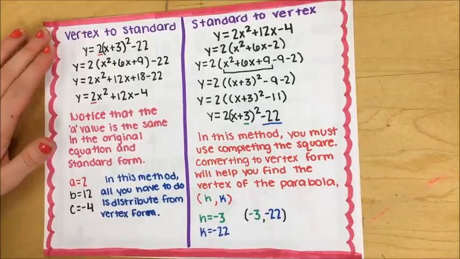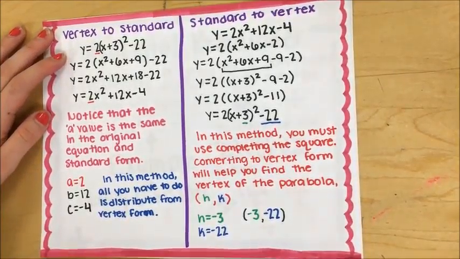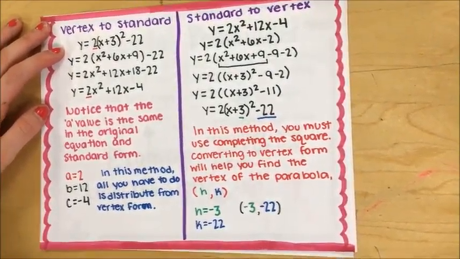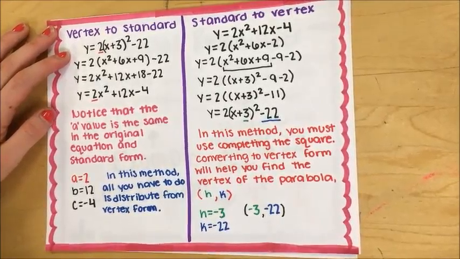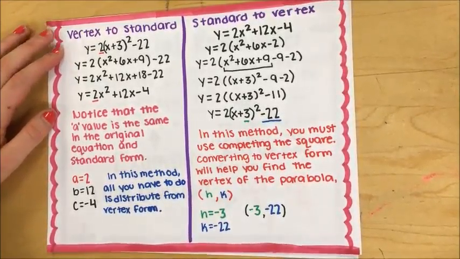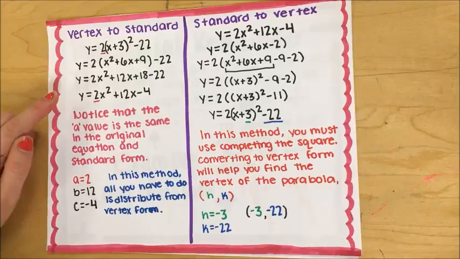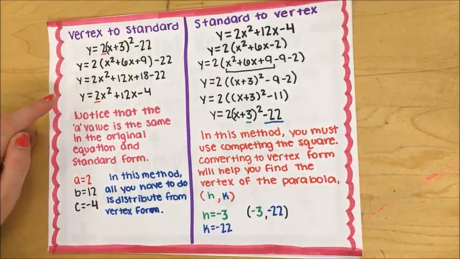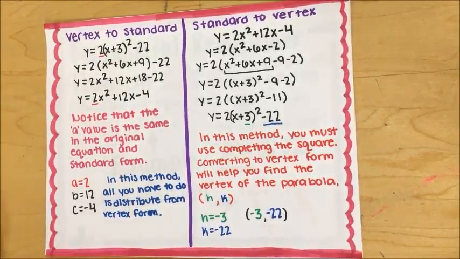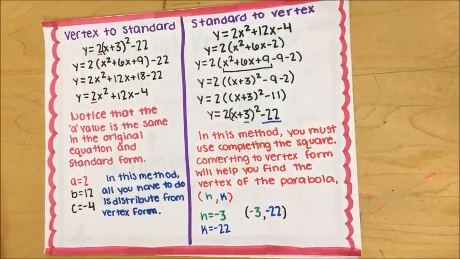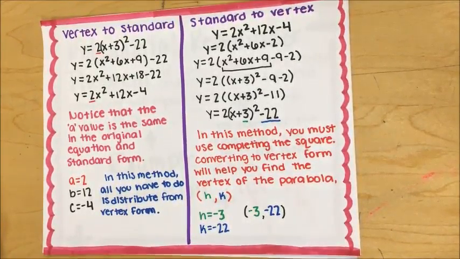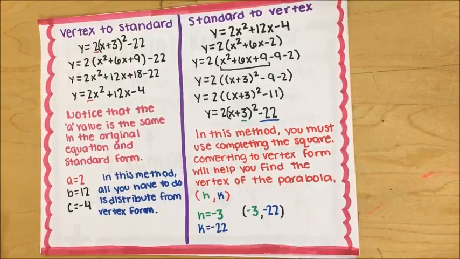Okay, so to go from vertex to standard form, we're going to be using this example equation. First, you need to distribute the square to x plus 3, so you end up getting a quadratic, x squared plus 6x plus 9. And then you distribute the 2 to the quadratic, which you end up with 2x squared plus 12x plus 18 minus 22.